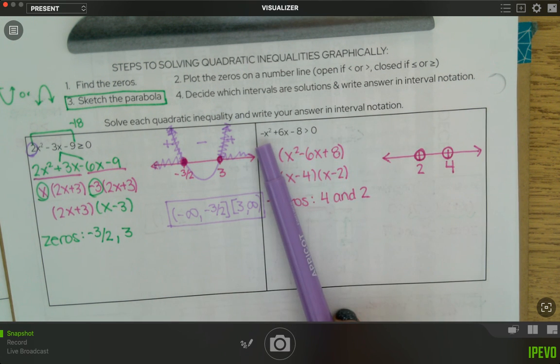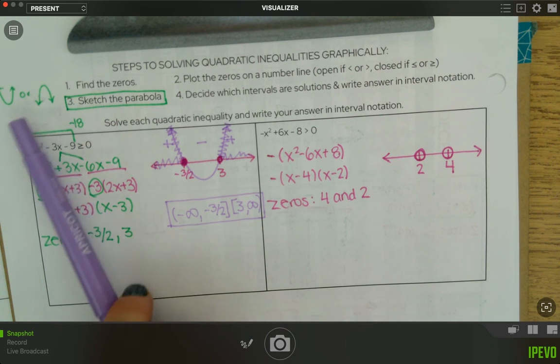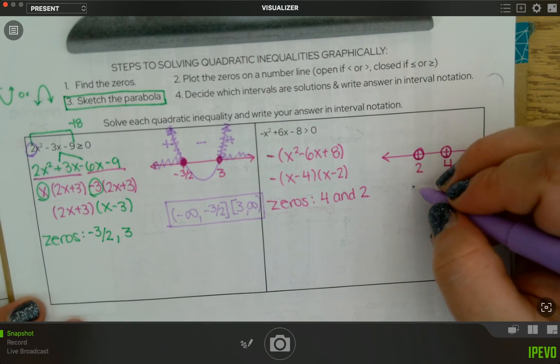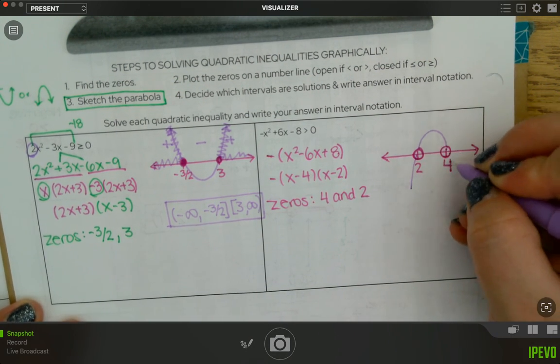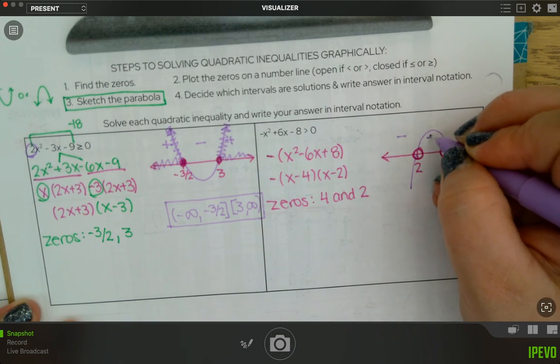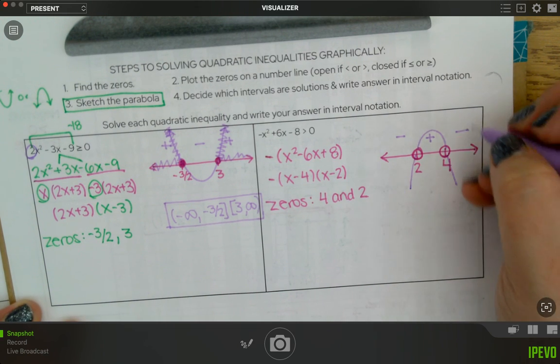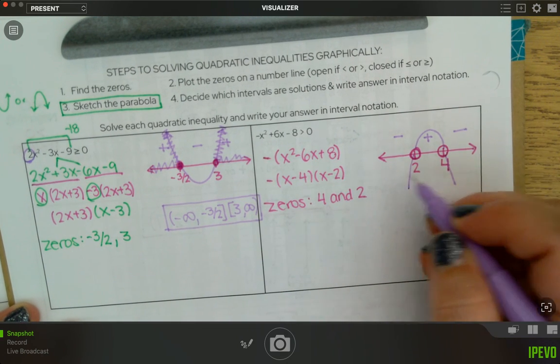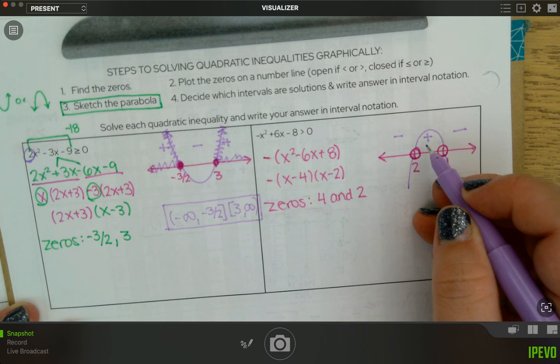That negative means that this graph is going upside down, like this. So we have negative, positive, negative, because it's below over here, which is negative, and above over here.